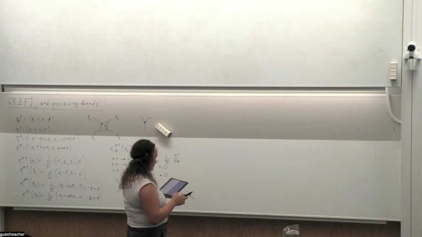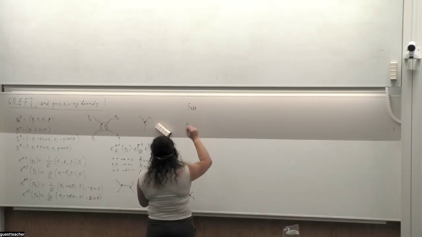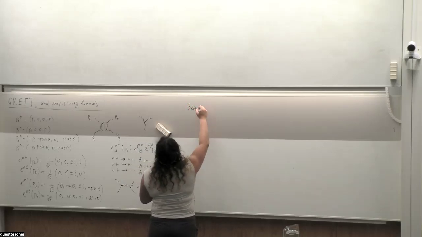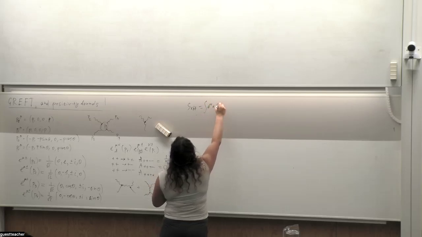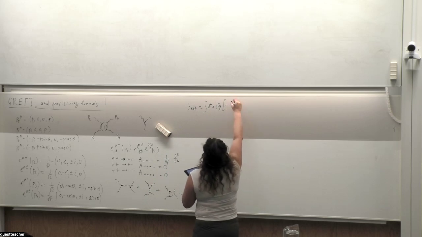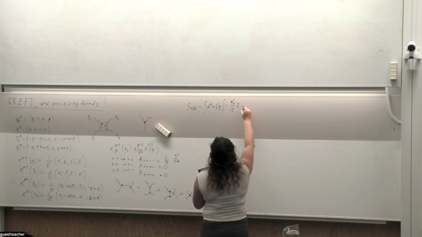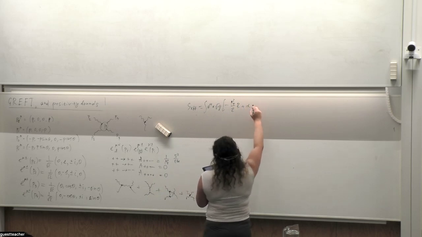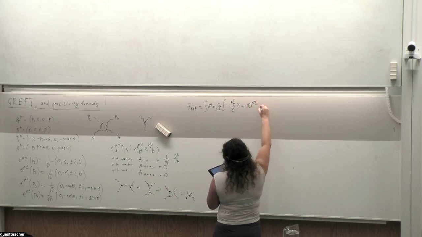First of all, the most general effective action, let's just write what we can write. We had, of course, our Einstein-Hilbert term, then a bunch of quadratic terms.